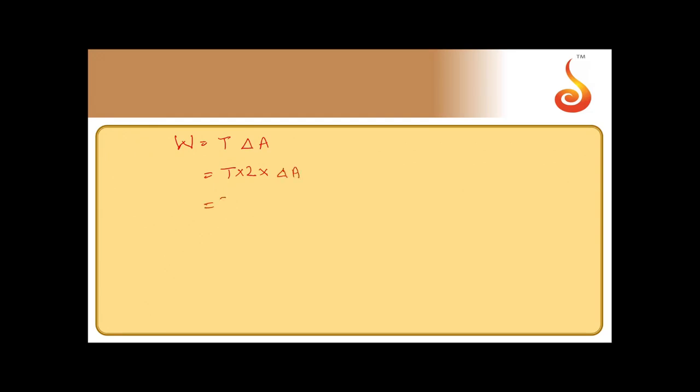So that should be 2 into 72 into increase in area, 1 millimeter, that is 0.1, into 10.